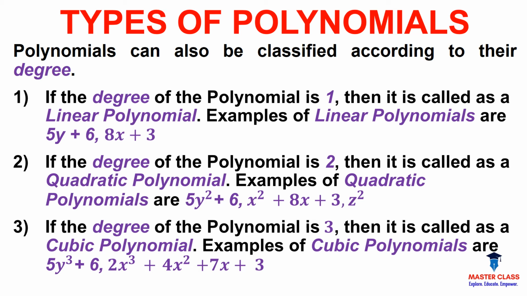Examples of quadratic polynomials are 5y squared plus 6, x squared plus 8x plus 3, or z square. If the degree of the polynomial is 3, then it is called a cubic polynomial. Examples of cubic polynomials are 5y cube plus 6, 2x cube plus 4x square plus 7x plus 3.